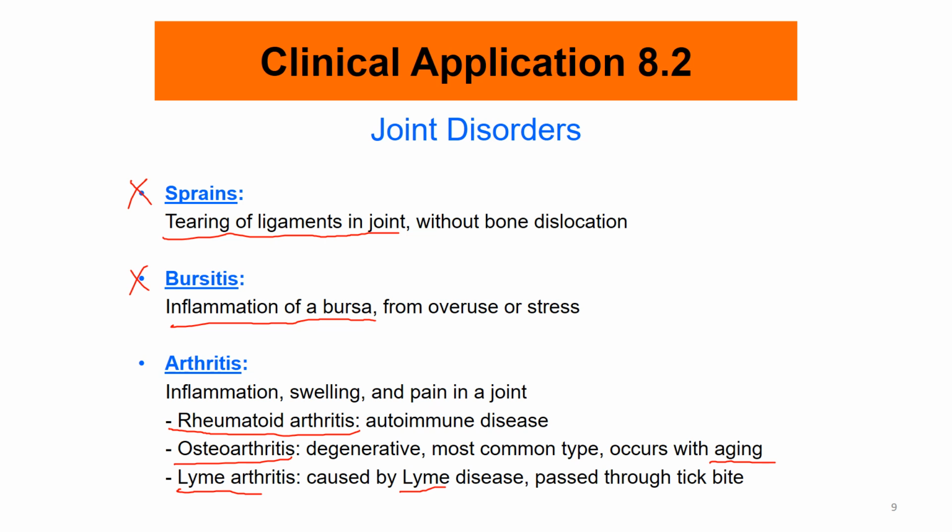One more type of arthritis is called the gouty arthritis. This is caused by uric acid crystals that accumulate in joints. So then these crystals can cause the joints to become inflamed and slowly get destroyed.